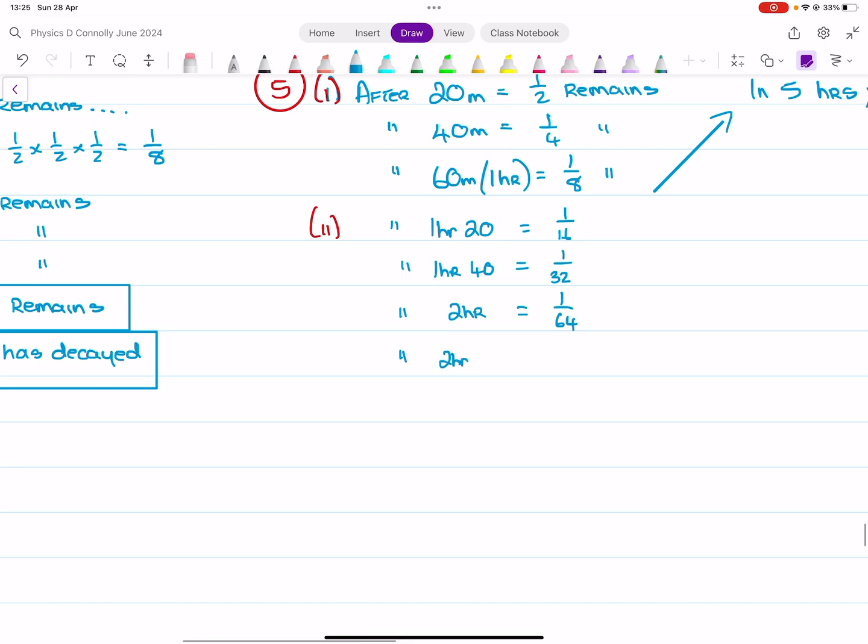After 2 hours 20, it's 1/128. After 2 hours 40, it's 1/256, and then after 3 hours, it's 1/512 remains undecayed.